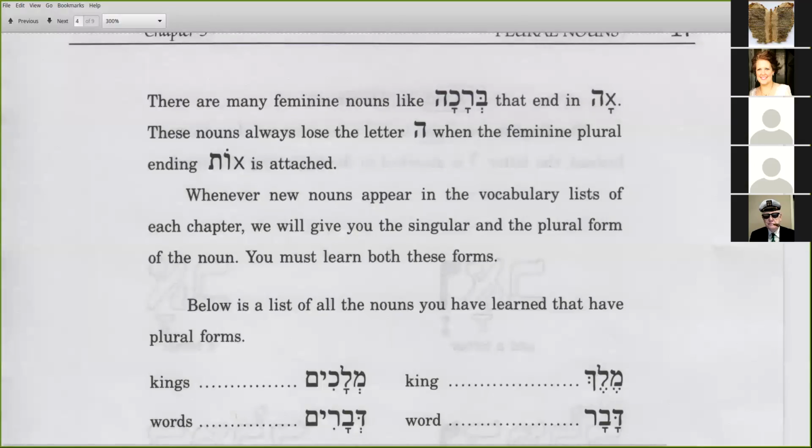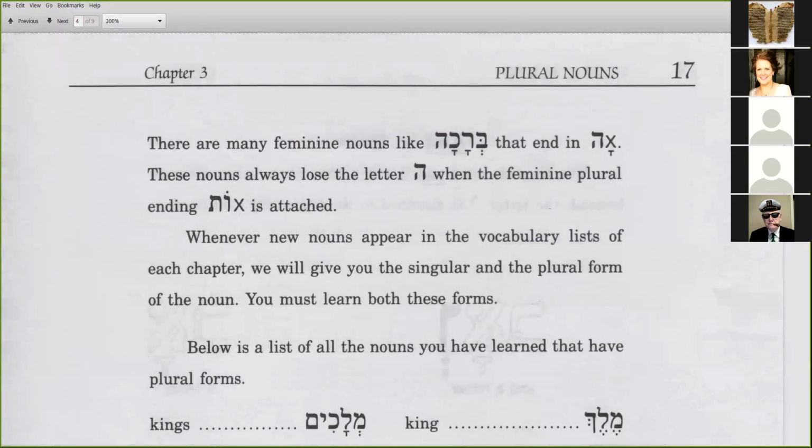Okay, let's go down to, here we go. There are many feminine nouns like baracha that end in this other ending. We have kametz he ending. The noun always loses the letter he when the feminine plural ending is attached.